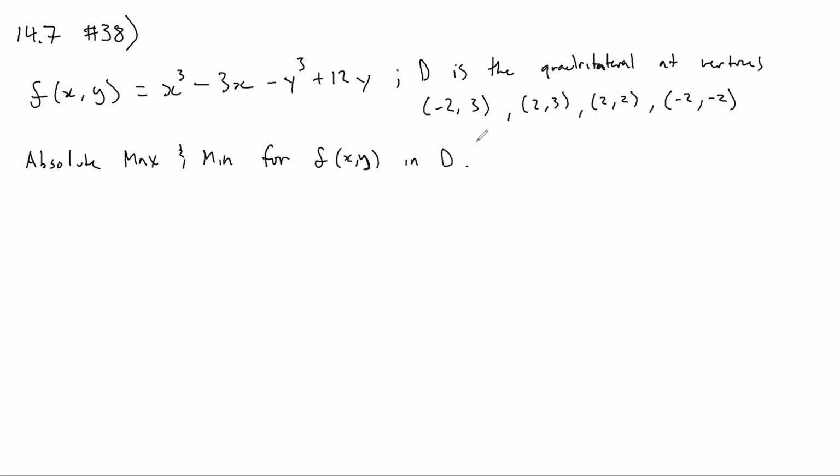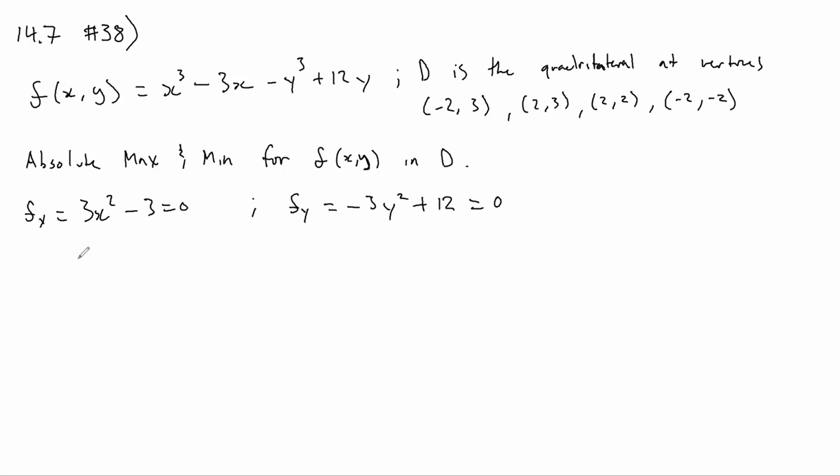First of all, when you're dealing with these kinds of questions, I would start off by figuring out what the critical points are. So I'll start by finding f sub x, which is going to be 3x squared minus 3, and f sub y, which in this case is going to be -3y squared plus 12. To find the critical points, we set f sub x equal to 0 and f sub y equal to 0.